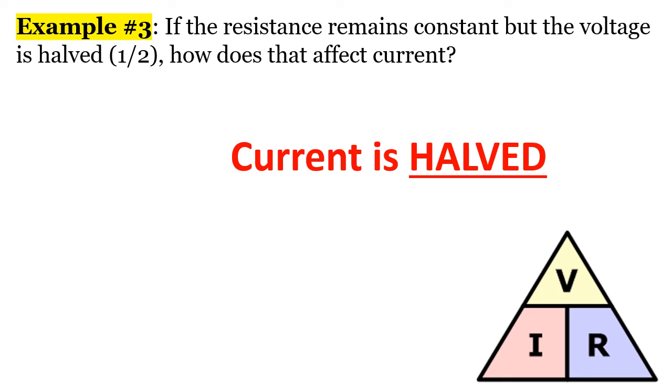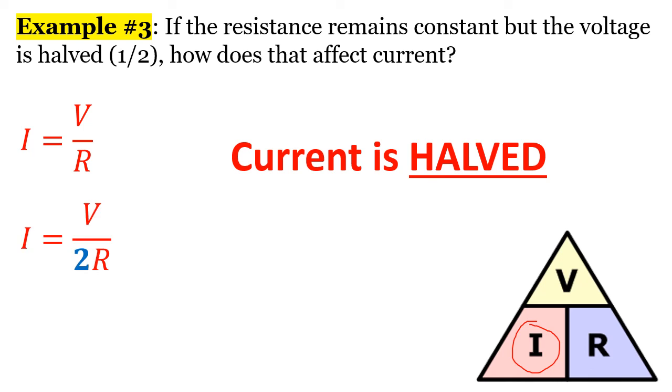It says if resistance remains constant but the voltage is halved, how does that affect the current? So we're looking at the current here, which is I, and current is, using the triangle, voltage divided by resistance. So current, I, is voltage divided by resistance. It's telling us the voltage is halved. This is definitely a tricky one because if we're halving the voltage, that 2 is going to go in the denominator, so voltage divided by 2.